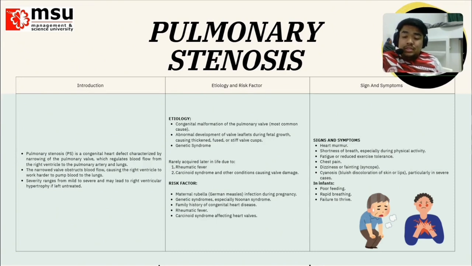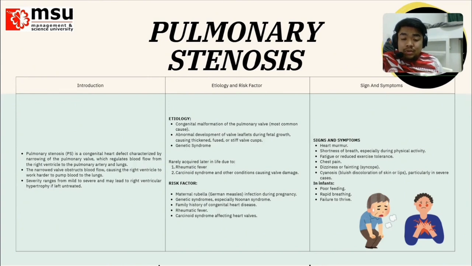The first one is maternal rubella, German measles infection during pregnancy. Why can it cause PS? The virus affects the formation of cardiac structures, including the pulmonary valve. And the next one is genetic syndrome, especially Noonan syndrome.